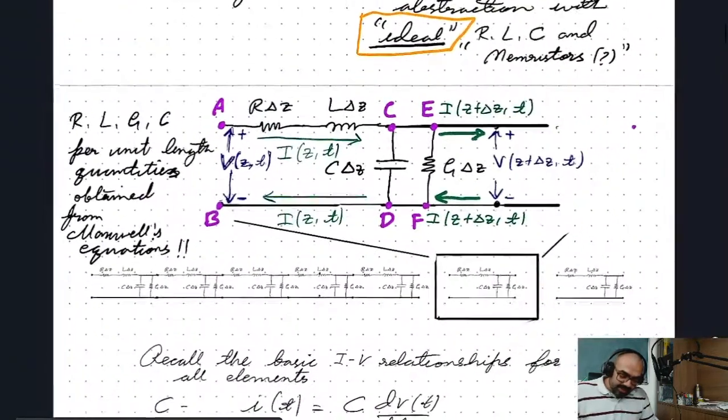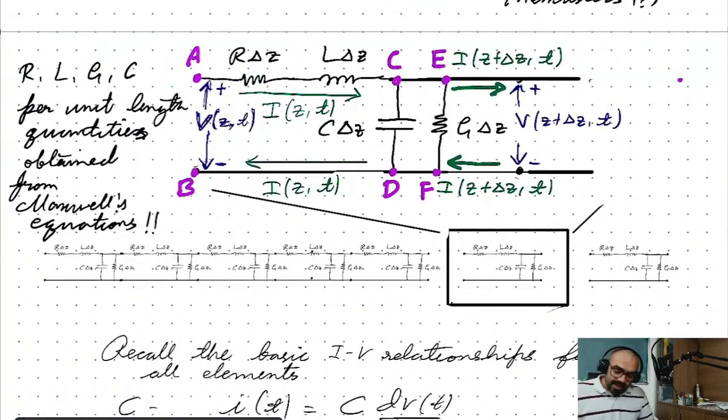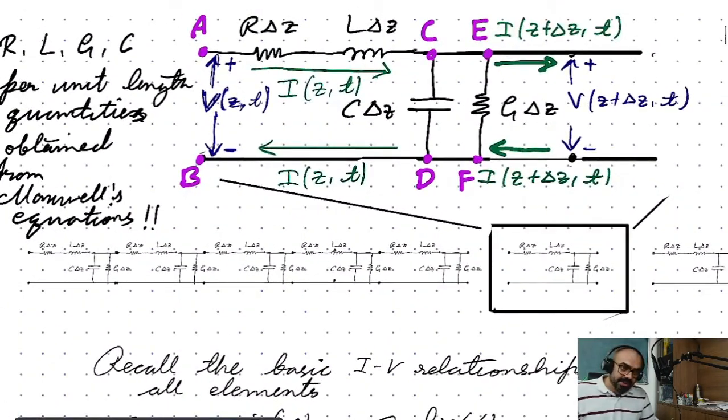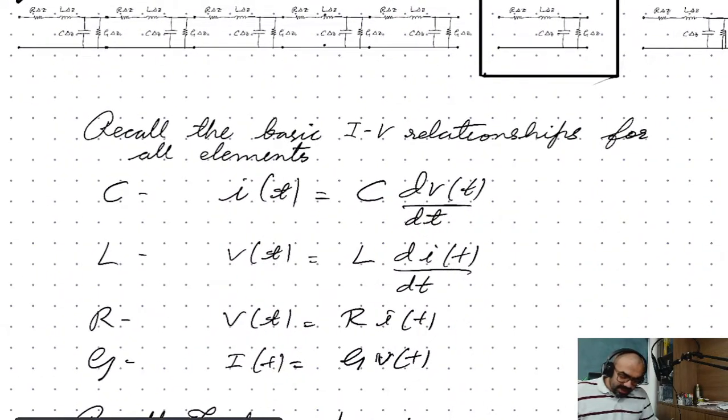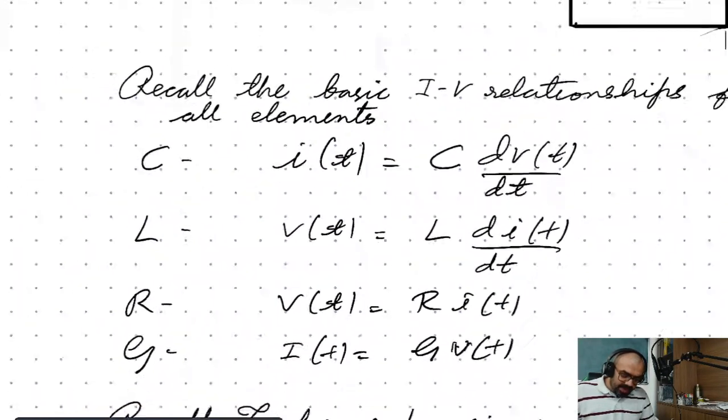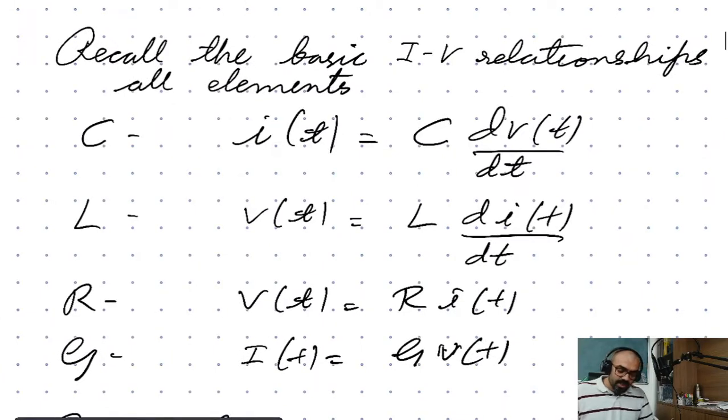So that is the first thing I need to do to analyze this circuit. Additionally, let us quickly recall what are the current and voltage relationships that each of these idealized components satisfies.